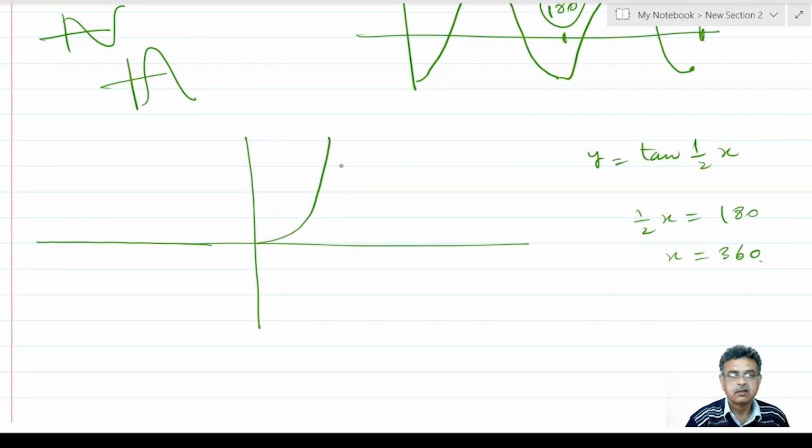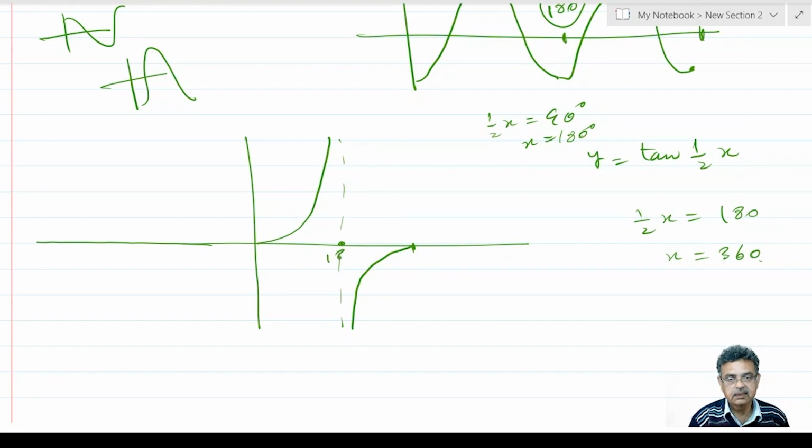Here and this way, if this value is tangent x, if this value is x, then this is 90 degrees. So half x is equal to 90 degrees, then x is equal to 180 degrees.